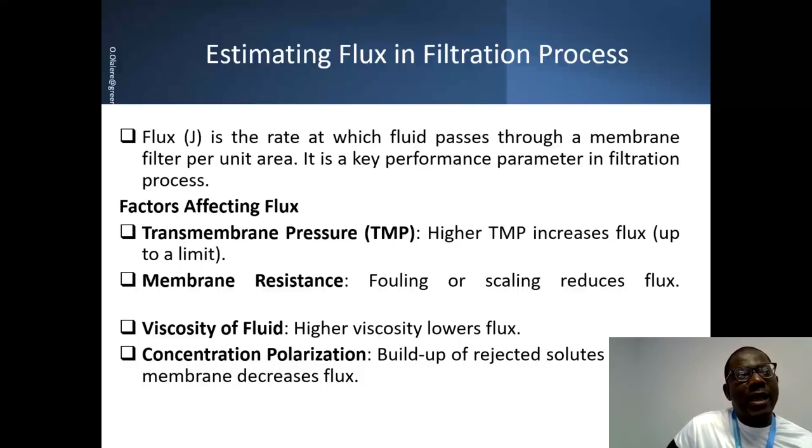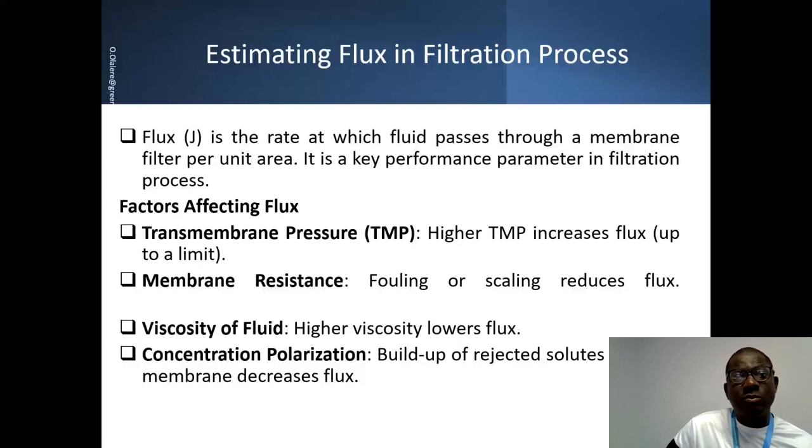So when we have higher flux, what do you think will happen? If the rate at which fluid passes through a filter is called flux, so if we have higher flux, what do you think will happen to the filtration rate? It will be higher. So when the flux is lower, then the filtration rate is what? Is lower.